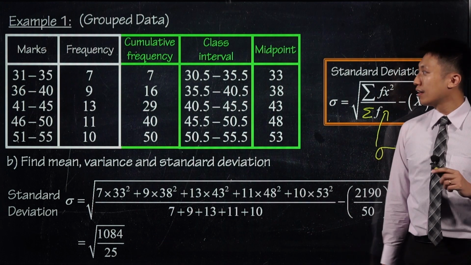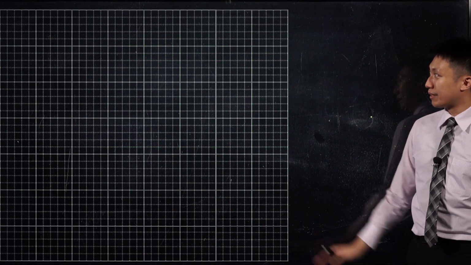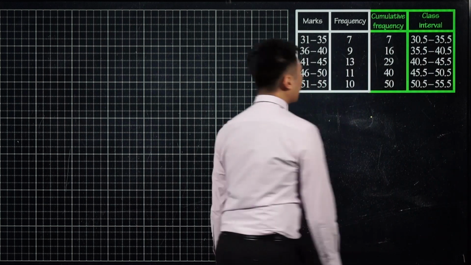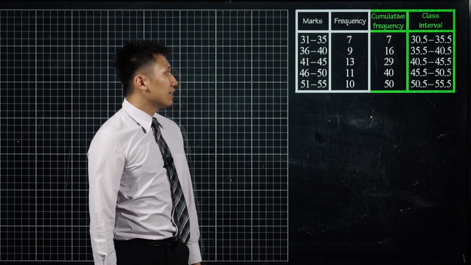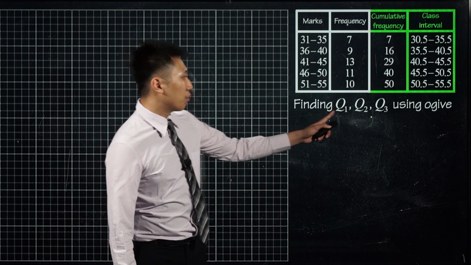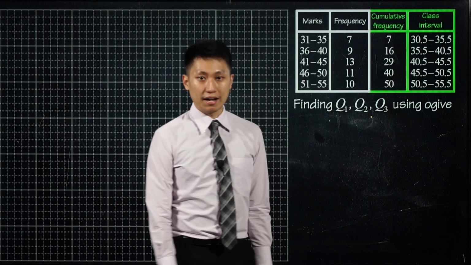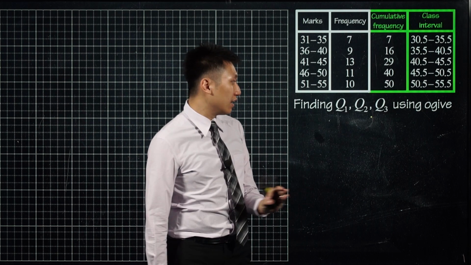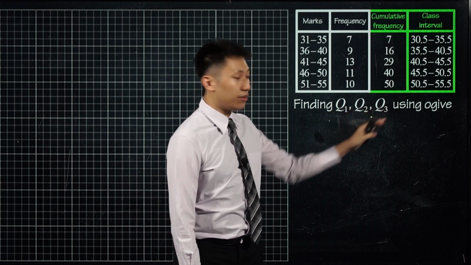Now let's look at something like this. A graph paper, you're afraid of this. You have marks and frequency, then we want to find Q1, Q2, Q3 using ogive. These two parts are not given, so you only have the data for Q1, Q2, Q3.